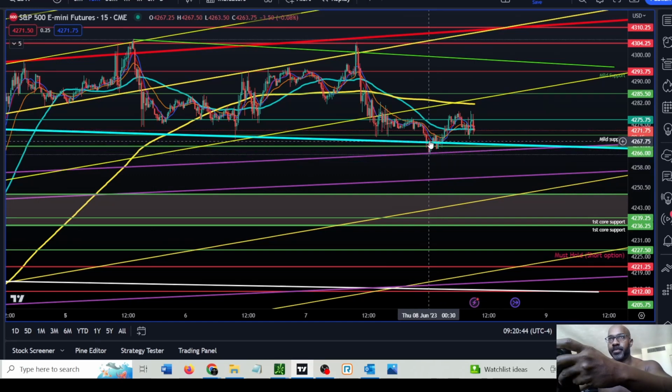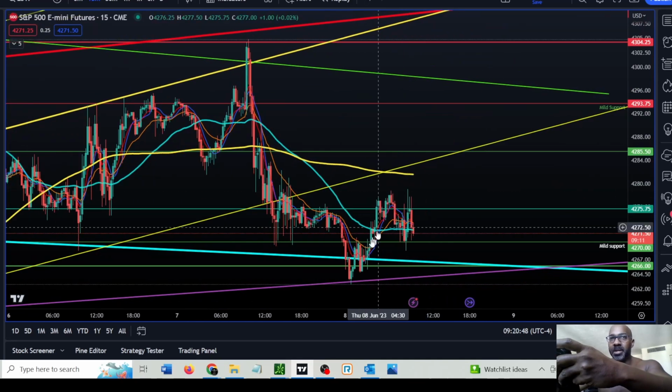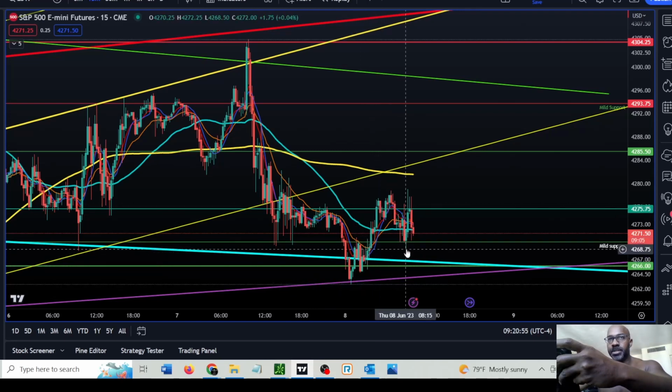No, 4268 failed, and I don't think this would be called a failed breakdown. We just slowly grinded up above 4268. Then we tested it again at 8:15 technically, which is right around where he tweeted. So anyways, 4268 equals support. Bulls want to reclaim 4280 here, which starts 4288.